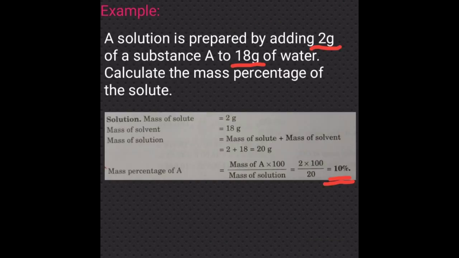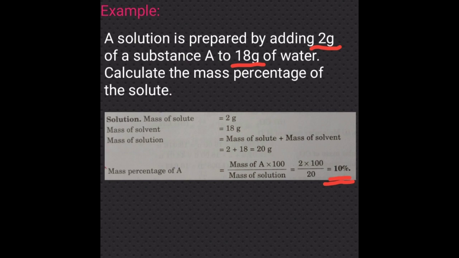Let's see an example to find out the mass percent. A solution is prepared by adding 2 gram of a substance A to 18 gram of water. Calculate the mass percentage of the solute. From the question it's clear that the solute is substance A and the solvent is water. So the mass of solute is given, that's 2 gram, and the mass of solvent is also given, that's 18 gram.